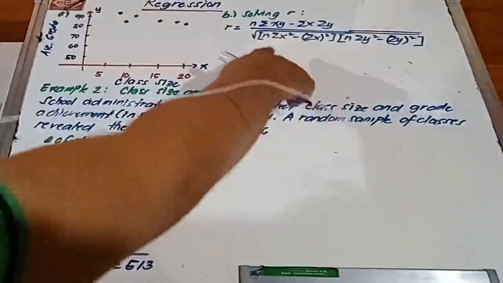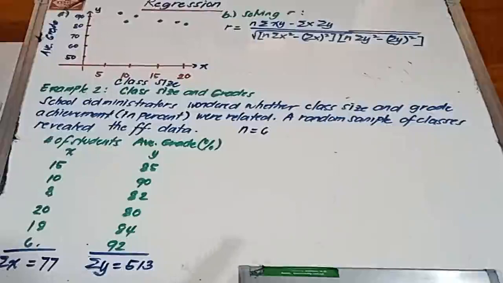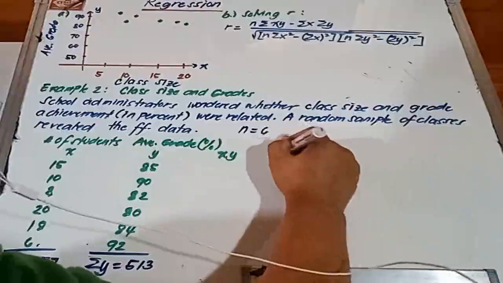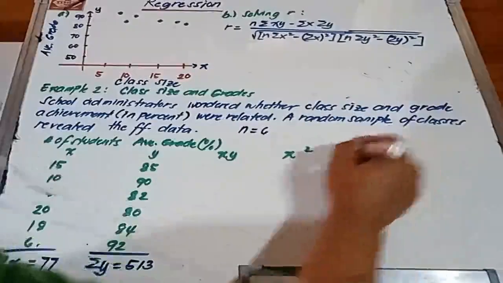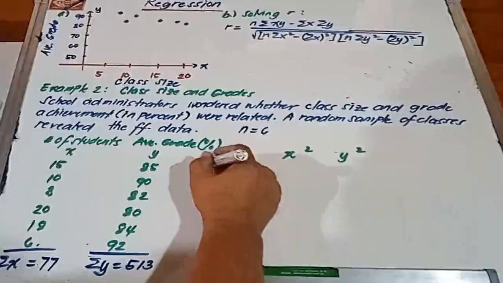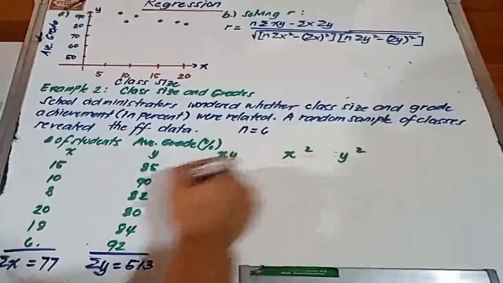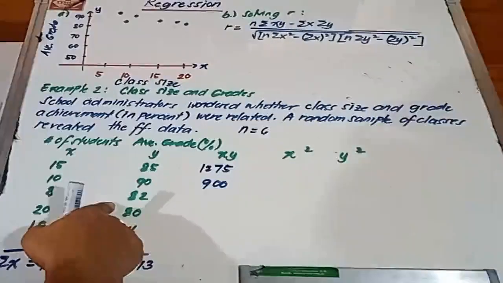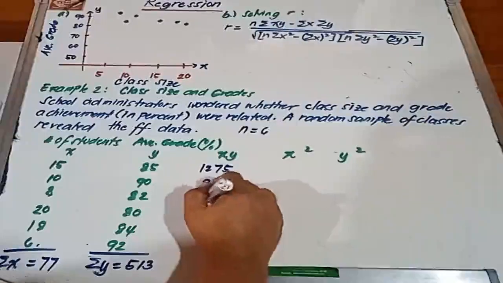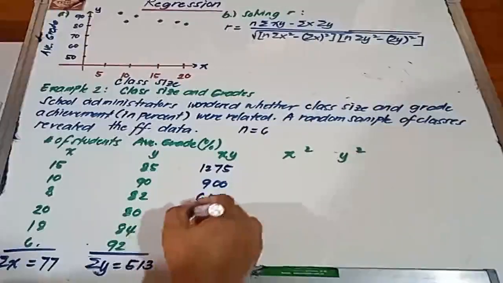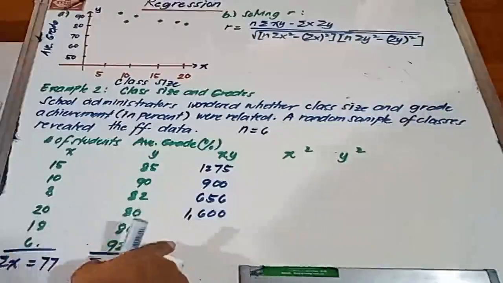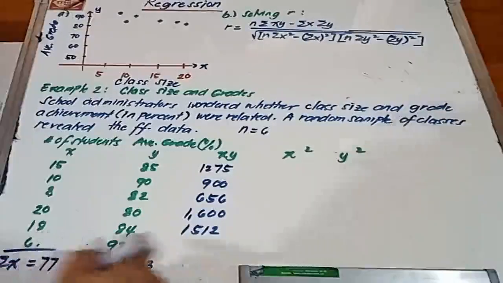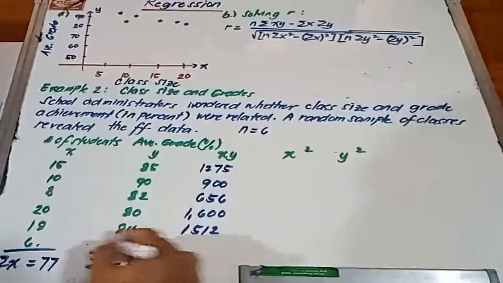Then, kunin natin yung summation of xy, summation of x squared, summation of y squared. So, sabihin natin to sa xy, x squared, and y squared. Okay. 15 times 85 muna, 1275. 10 times 90 is 900. 8 times 82 is 656. 20 times 80 is 1600. 18 times 84 is 1512. 6 times 92 is 552.